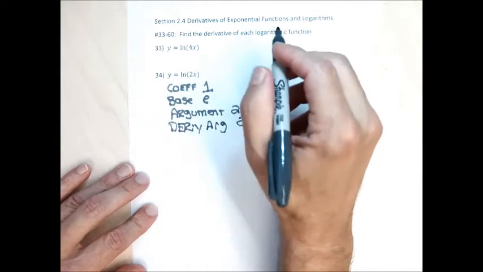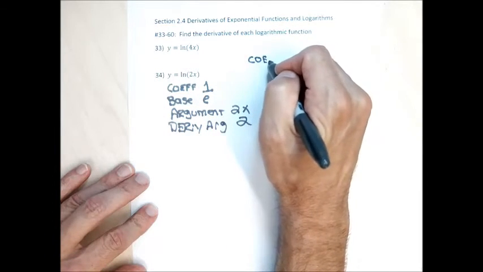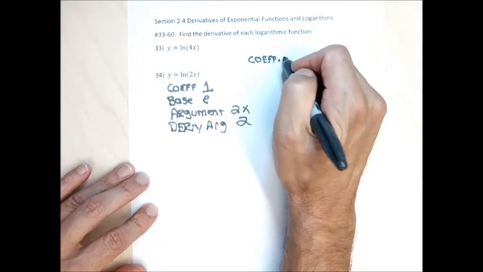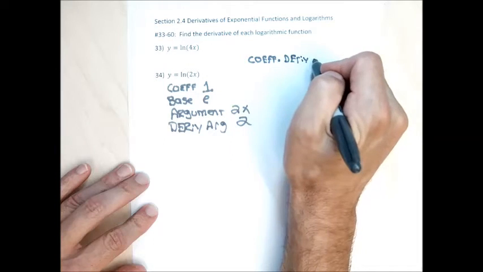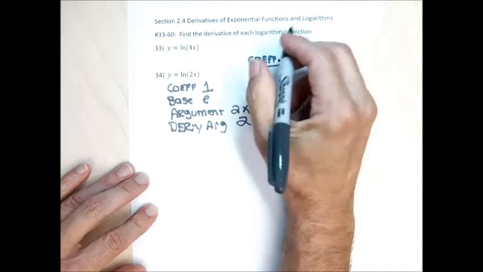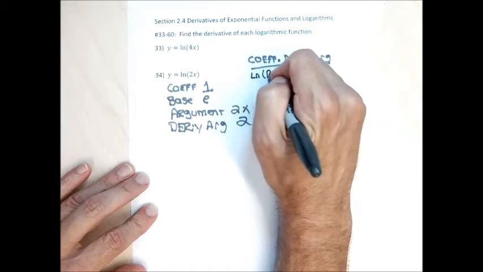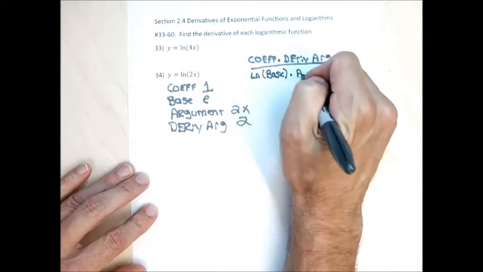And so for the derivative, it's going to be the coefficient times the derivative of the argument divided by the natural log of the base times the argument.